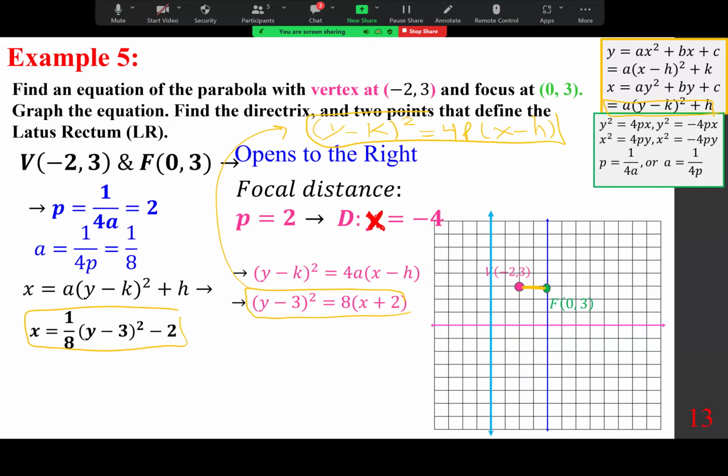So there we go, right? All right. The latus rectum will help us with the graph. The focus is located at (0, 3), and we know it opens to the right.